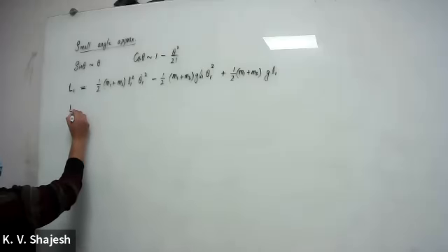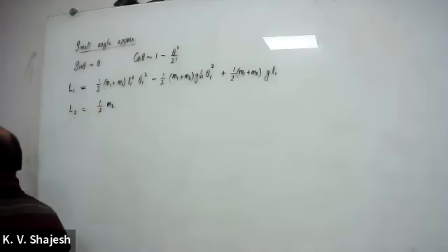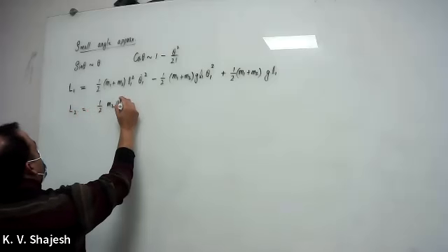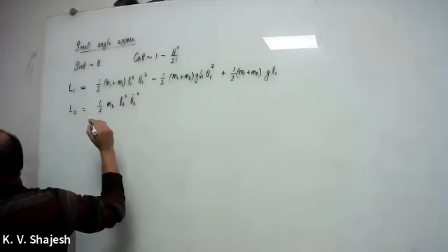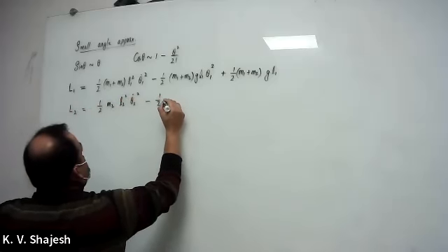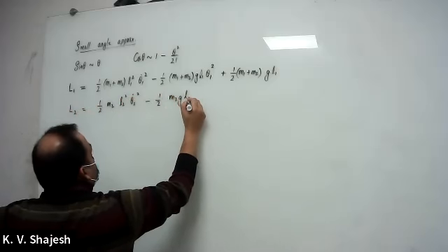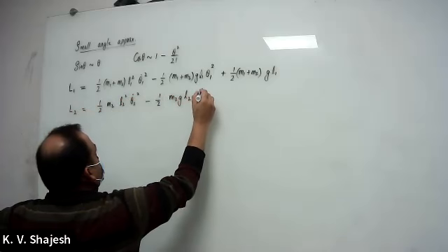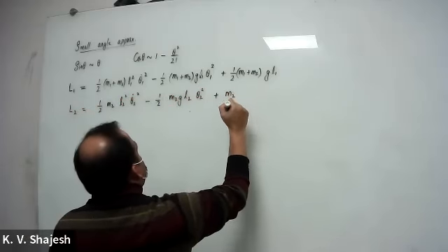So L2 is half M2 L2 square theta 2 dot square minus half M2 G L2 square plus M2.